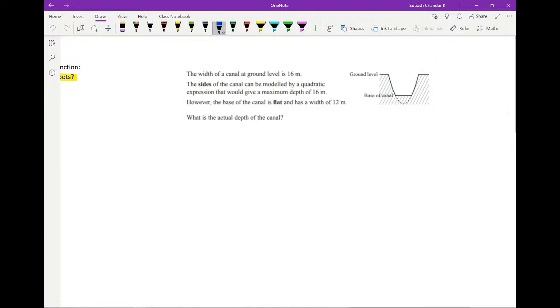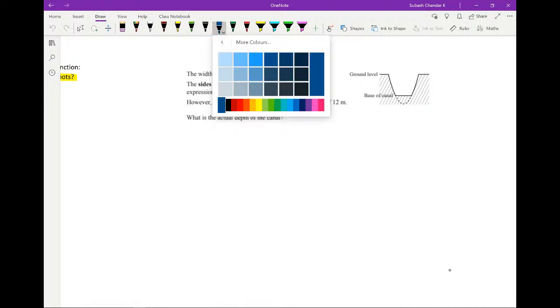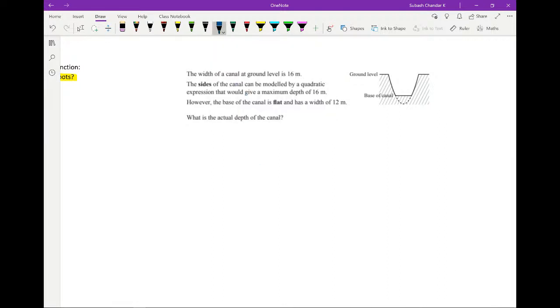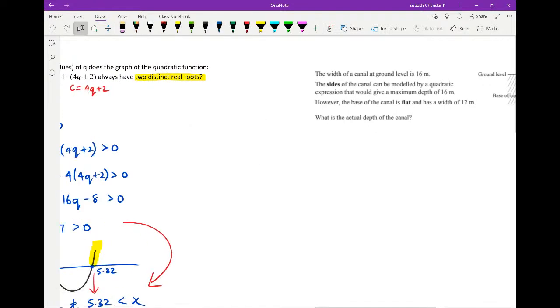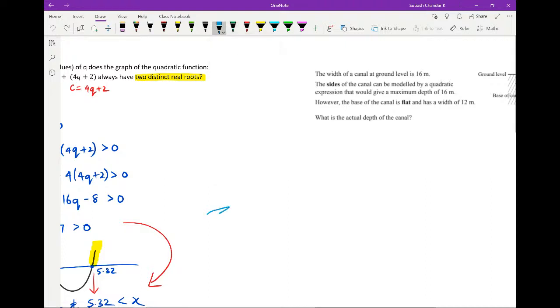All right, so this is question 5 today. Great, we've got a pen problem. Where is it?